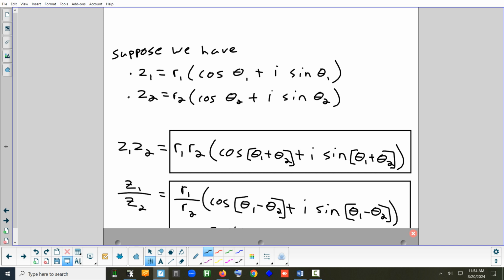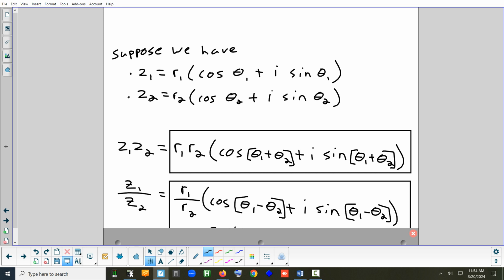That takes the place of having to do all the FOIL: multiply the first, outer, inner, last, and change the i squared to -1. All of that is simplified to just multiplying two numbers and adding two numbers.